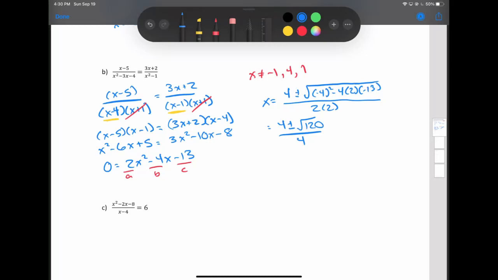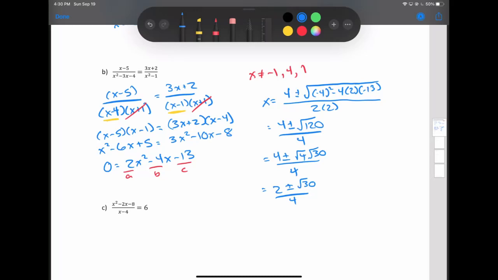It's divisible by 4. At this point, I'm not sure if it really matters if we need to make it that much nicer, but I could say it's 4 plus or minus root 4 root 30 over 4, which is 2 plus or minus 2 root 30 over 4.